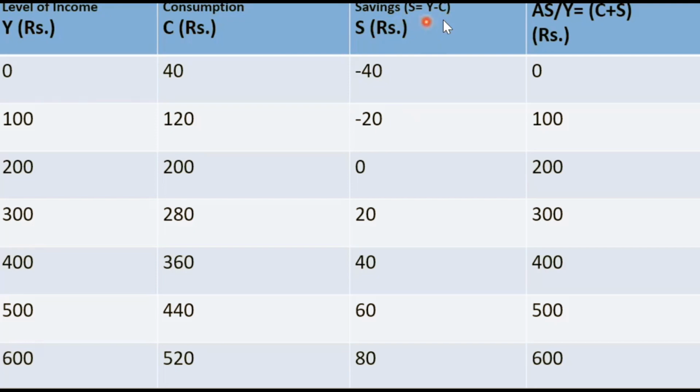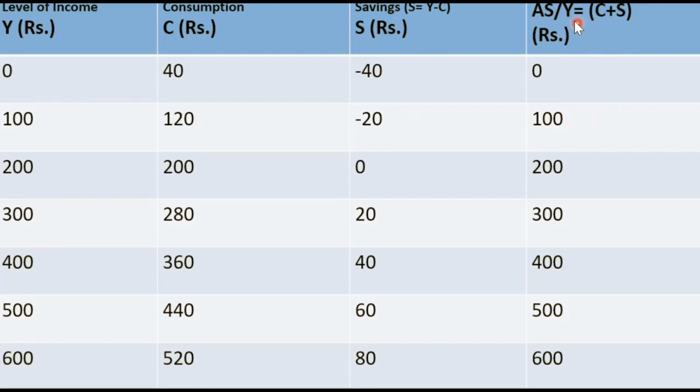Now why? Because we have already seen earlier that aggregate supply is equal to income, and it is calculated as C plus S. Why is it calculated as C plus S? What is the reason behind it? I have told you that national income is the factor income, isn't it?